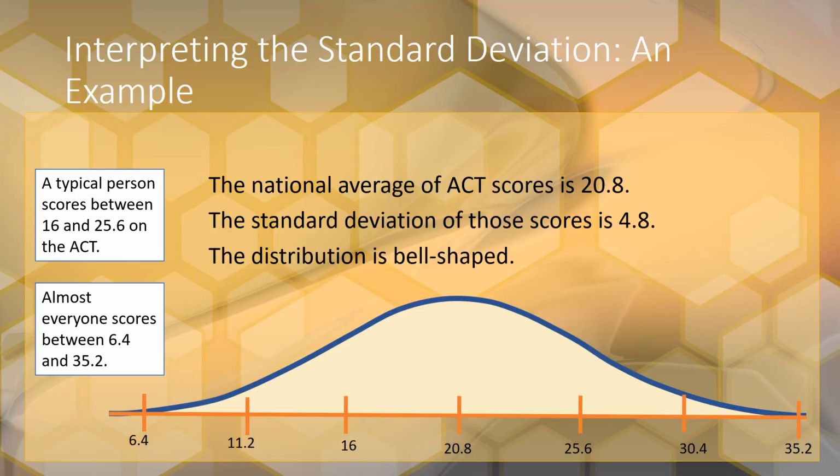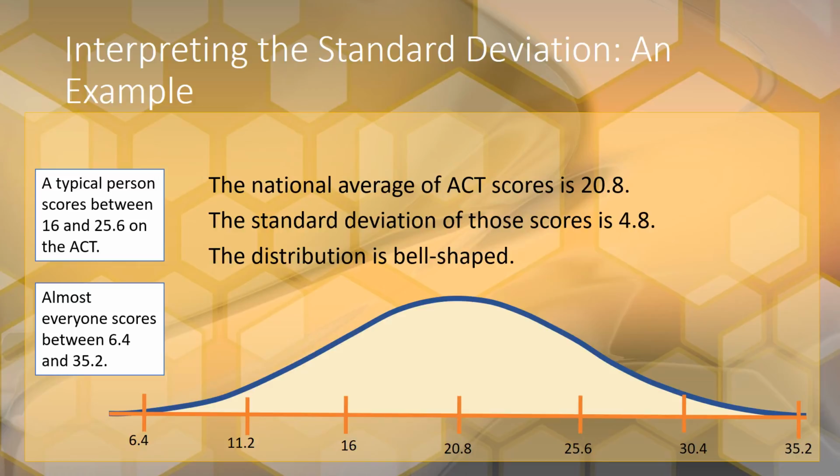Then we're going to go out 3 standard deviations. If we go above, we add another 4.8, and that's 35.2. If we go below the mean another standard deviation, that's 6.4. So 6.4 is 3 standard deviations below the mean, and 35.2 is 3 standard deviations above the mean.